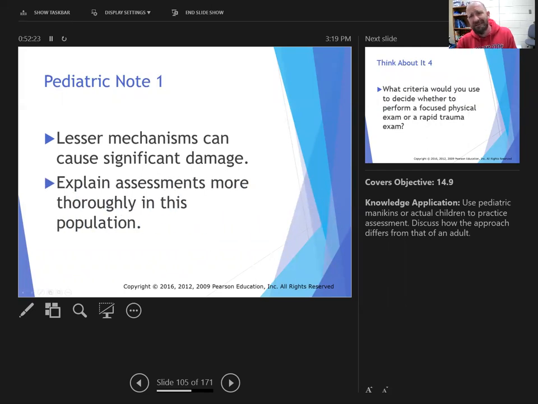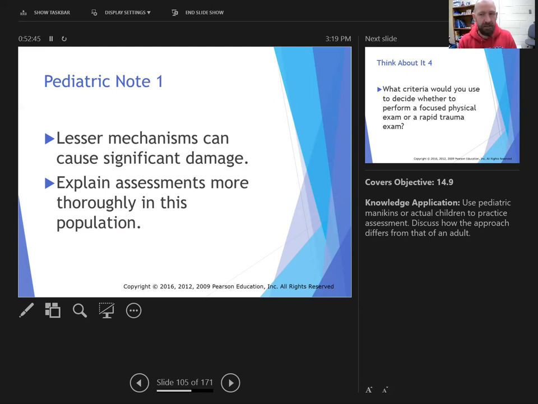When we're assessing kids, it's real important to explain things to them. Kids are going to be a better patient for you if they're involved in the process and they kind of understand what's going on a little bit. So if you're explaining what you're doing and maybe what you're looking for and things like that, that can help.